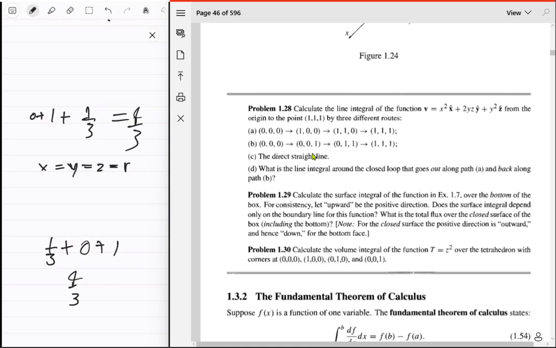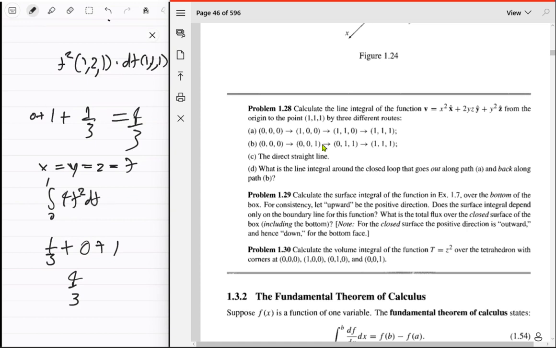I should not say r. I should actually say t. Yeah, t. That's a nice parameter. So this will be the integration from t equals 0 to 1. Our dr vector is just dt times (1,1,1), and our v vector is just (t squared, 2t squared, t squared). So that's t squared times (1,2,1), dotted with dt (1,1,1), which is just 4t squared dt.